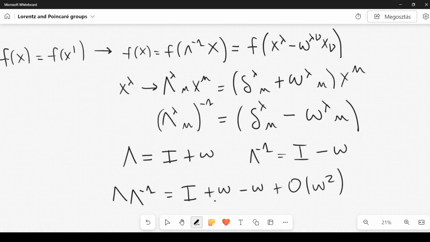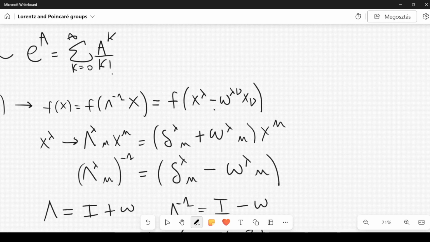So you can see that indeed this quantity gets cancelled. You simply have to multiply them together. So it's easy to see. If you have the plus in lambda you have a minus in lambda inverse. That's why here I have considered the minus sign. So this is an explanation for that.